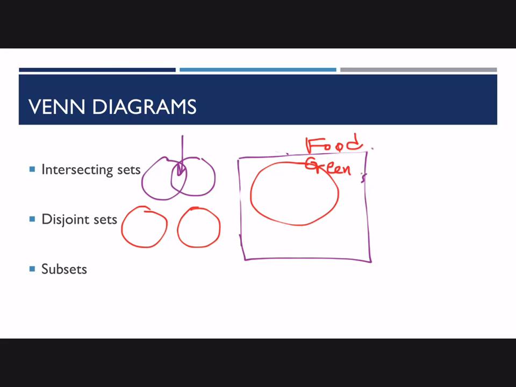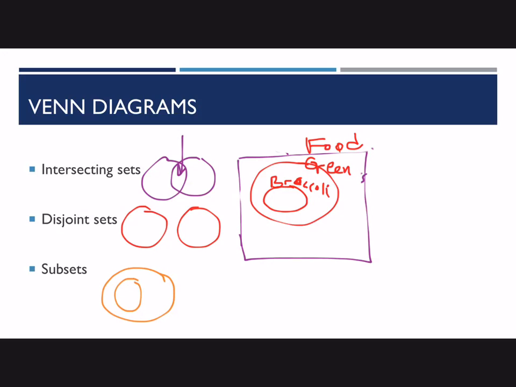Then broccoli would be considered a subset of green food. I know we have some related broccoli-like plants that are not green, but your traditional broccoli, all of those plants would be green, so that would be a subset inside of there. And so then you'd have one circle inside of the other.